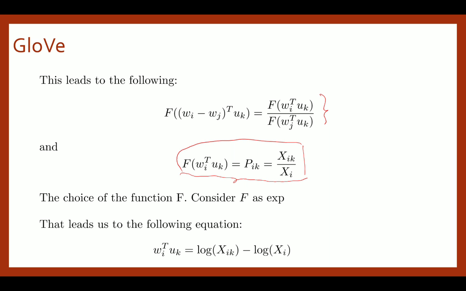So now we have to find a function f, and in this case they have chosen exponential as f. If we put exponential here, this equation can be written like this.